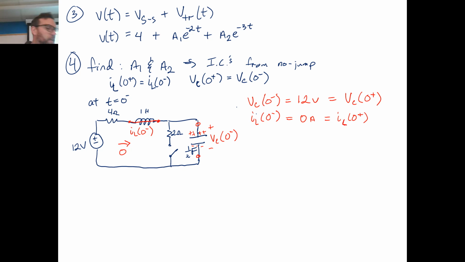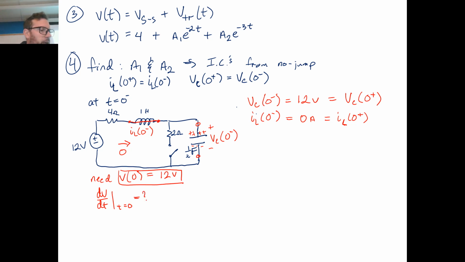So we need V of 0 then, right? We need to know V of 0. Now, actually, no, we know V of 0. It's equal to 12 volts. We have that. We just found that. What about dV dt? dV dt at t equals 0 is equal to what?